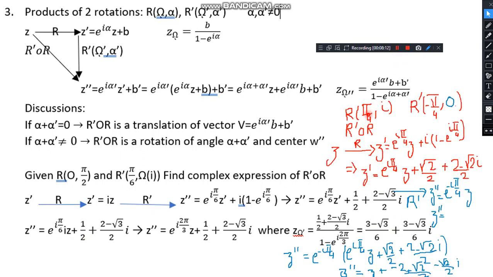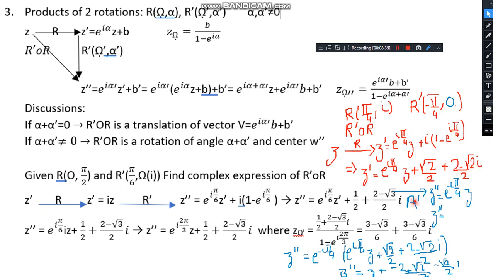And if you want to have a composite of two rotations where the angles are alpha and minus alpha, you're going to get, like here, a translation. Let us see it. R prime rho R, we start by R. R is Z prime equal E^(I pi over 4) Z plus the center, since I gave you the center, so I into 1 minus E^(I pi over 4). If you do your calculator here, you're going to get this answer.